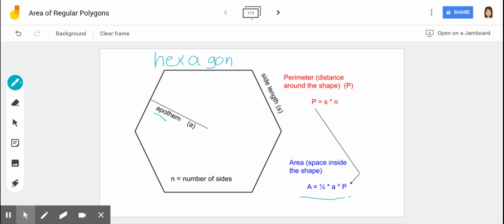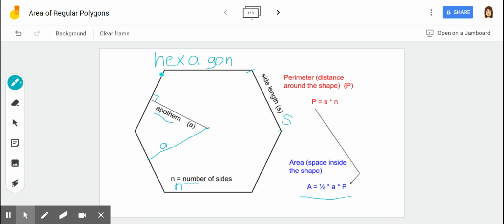The apothem is the distance from the center of the polygon to one side, where this forms a right angle of 90 degrees. So this is an apothem, and these would have the same length, and we call that A. The length of a side is from corner to corner, and we call that S. And then we use the letter N to indicate the number of sides.